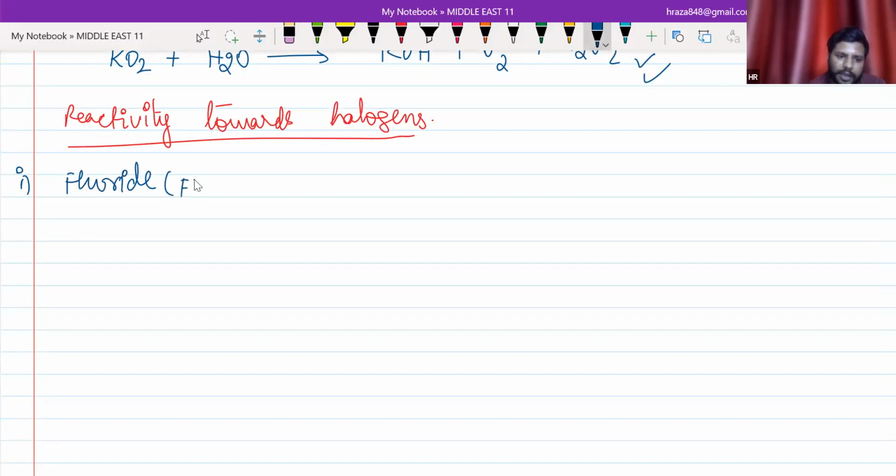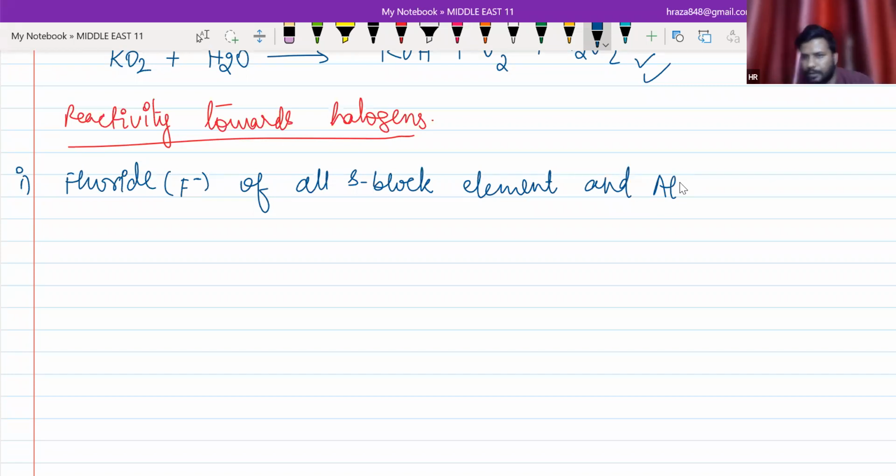Fluoride, that means F minus, of all s-block elements and aluminum also. All s-block, that means lithium, sodium, potassium, rubidium, cesium, beryllium, magnesium, calcium, strontium, barium, except beryllium, are ionic in nature, except beryllium, BeF2.